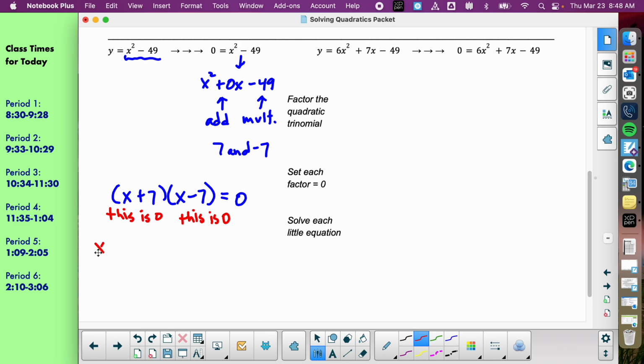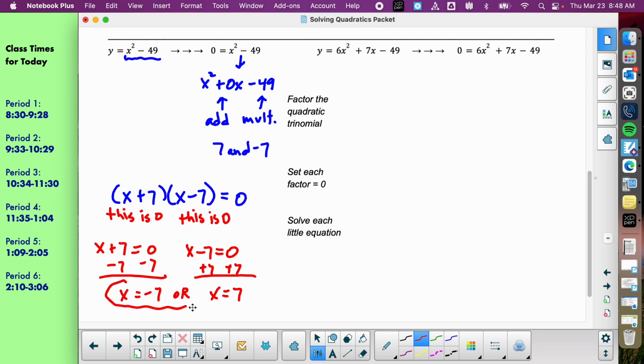So we are basically saying x plus 7 is 0, x minus 7 is 0. And then this is where you would solve them by subtracting 7. A lot of you just do this step in your head probably. So this is what we'll get as the answer. When I say answer, I do mean solution.